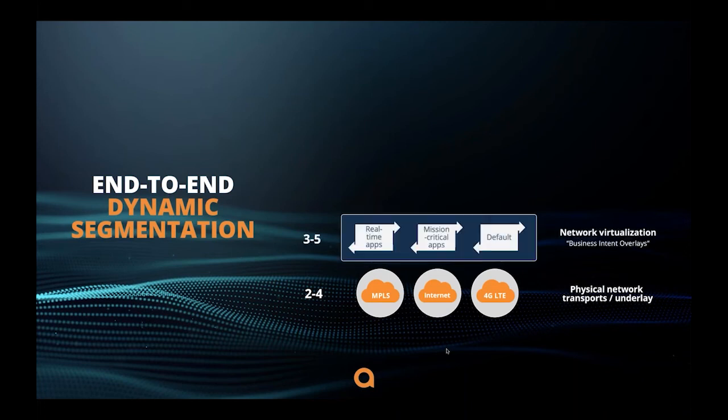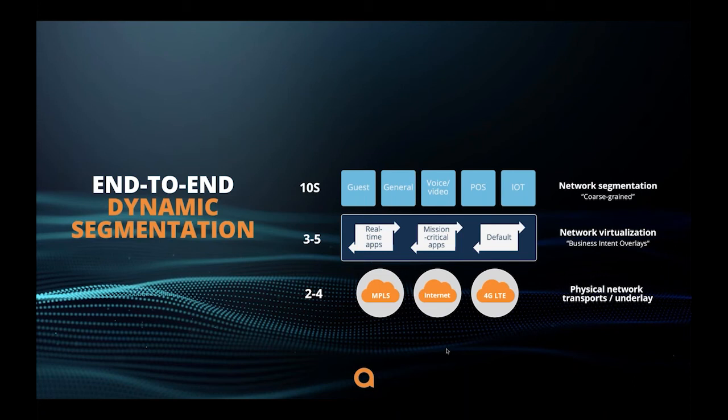Then we layer in the Edge Connect appliance, where we are able to create our business intent overlay, which virtualizes all of those transports, where all of those transports become active, and we provide our path conditioning and our virtual networks across those transports. In this example, we've developed policy for real-time applications, mission-critical applications, and a default to catch the rest. You might have 3 to 5 of those different types of overlays that are being applied to your environment.